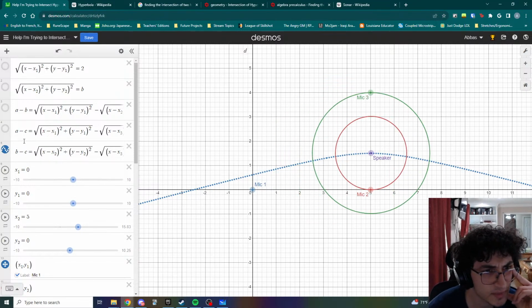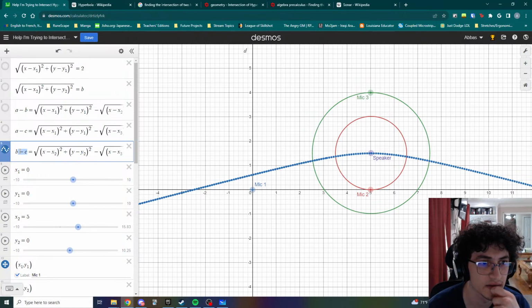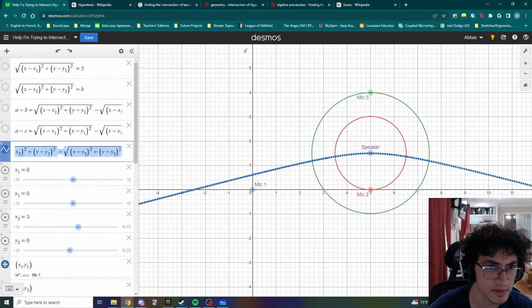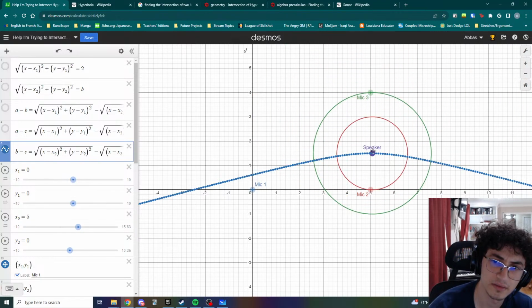Technically, I think hyperbolas are actually 2 branches. So I think this is supposed to be like an absolute value here. No. I think technically it's supposed to be like one this way and then one like along here.